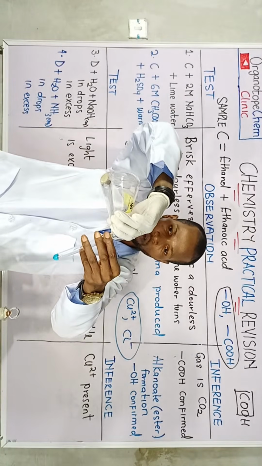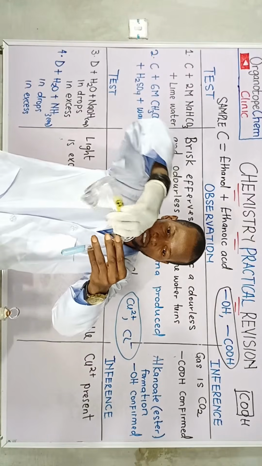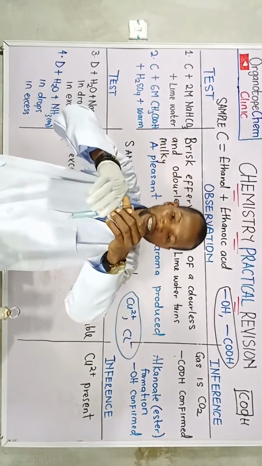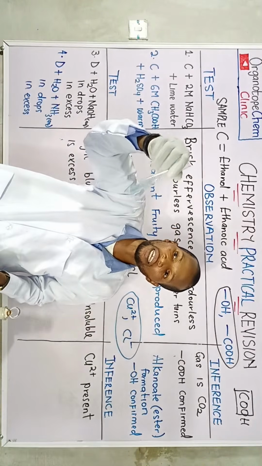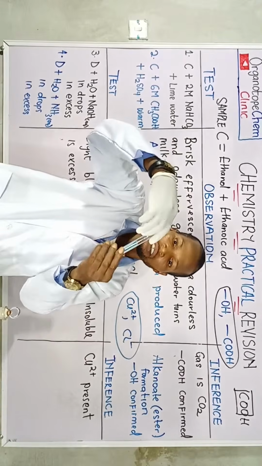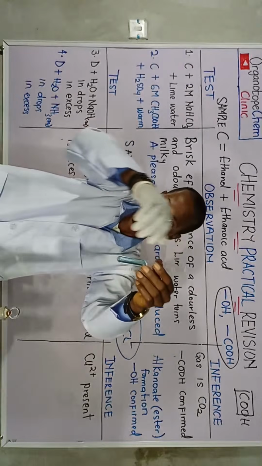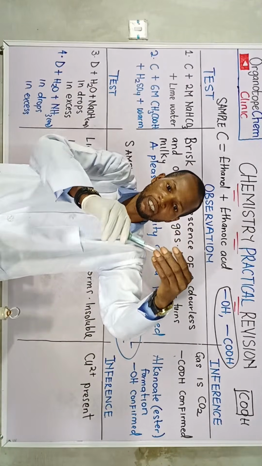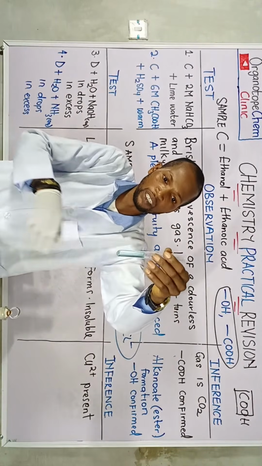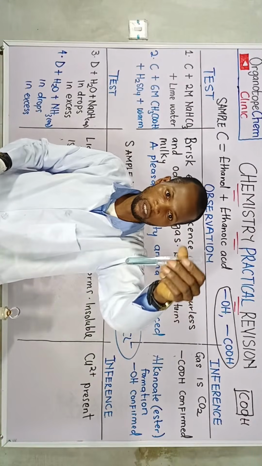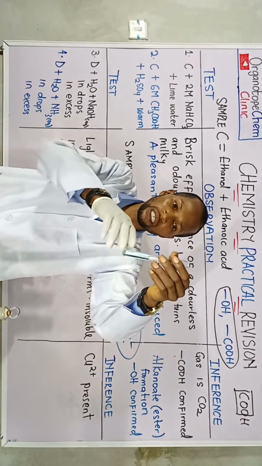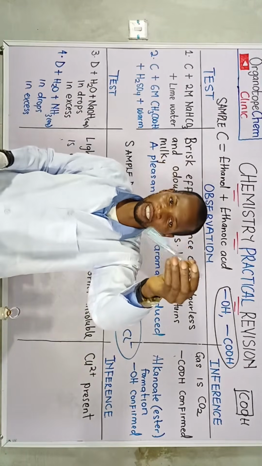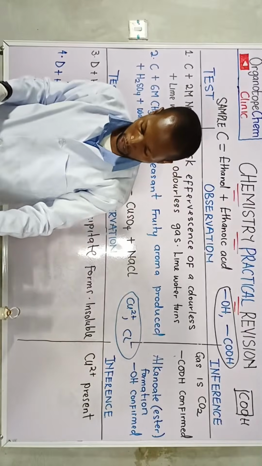There is no quantity for excess. So I've added the ammonia in excess. Now, this is not giving me the desirable results, because we are expected to have a deep blue solution on adding in excess. So, let us continue.